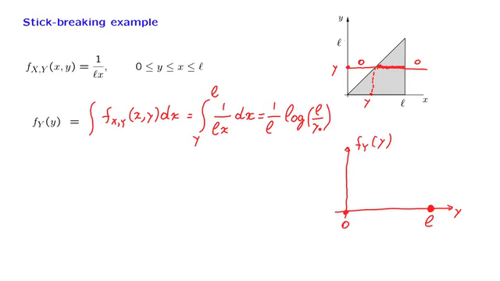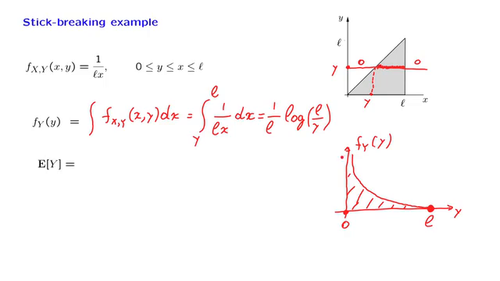As y decreases, this ratio increases and goes to infinity, so the log of that also blows up to infinity, and we get a shape of this form where the function that we're dealing with goes to infinity as we approach 0. Is this a problem, having a PDF that blows up to infinity? Not really. As long as the area under this PDF is equal to 1, it's still a legitimate PDF, and blowing up to infinity is not an issue.